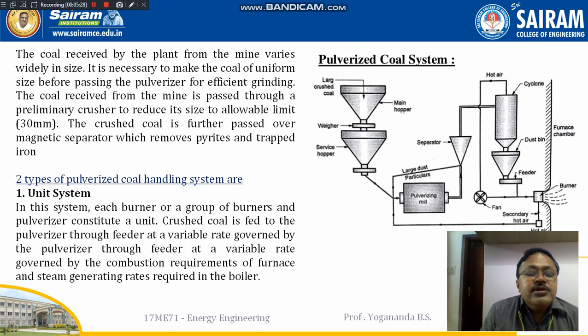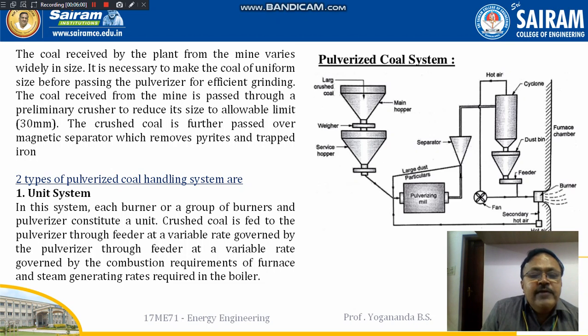Then pulverized coal system. The coal received by the plant from the coal mine is varying in size. It is necessary to make the coal of uniform size before passing the coal into the furnace. So the pulverizer mill is taking care of powdering or crushing the large coal boulders into small uniform size coal stones.